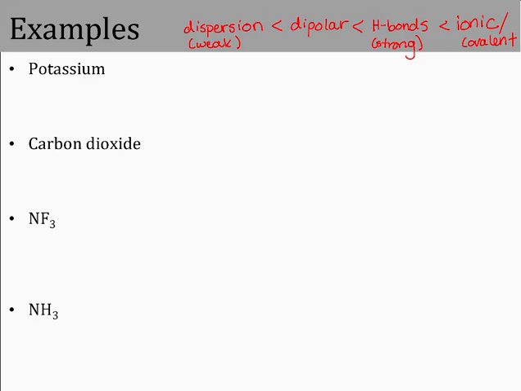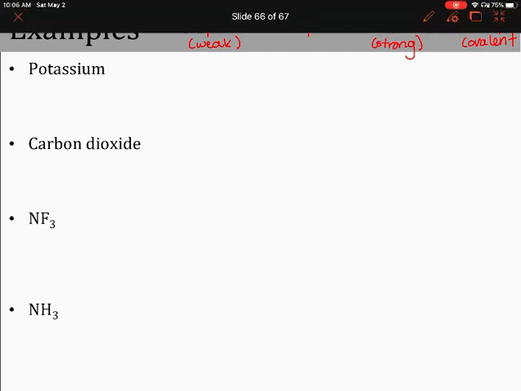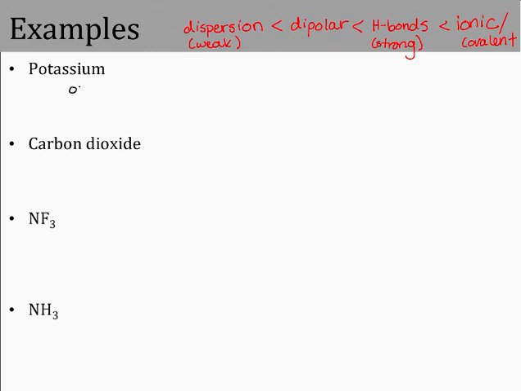So let's start with potassium. So if we have a sample of potassium, that means we just have a bunch of potassium atoms all hanging out next to each other. So, you know, it might look something like that. And we saw potassium in a video before, and we saw that it's metallic and shiny, and it's just in the form of a solid.